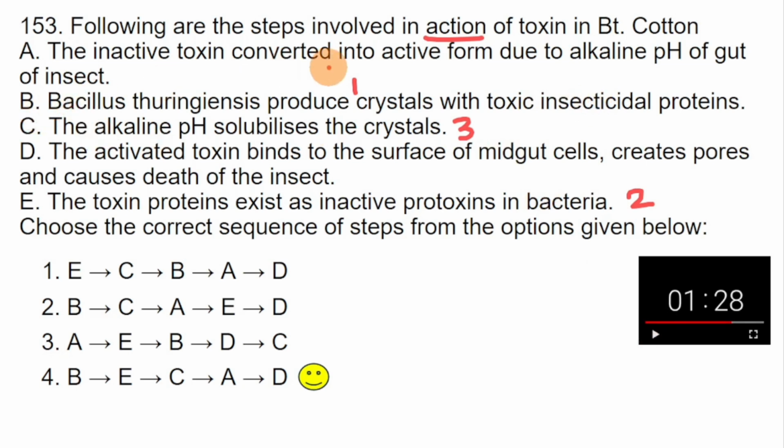Yes, this is correct. And last one is D. Once it is in active form, the activated toxin binds to the surface of midgut cells, creates pores and causes death of insect. So this is really good question and it kind of summarizes the action of the Bt toxin.